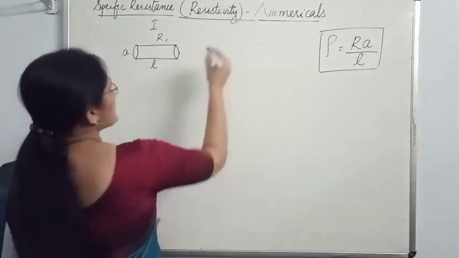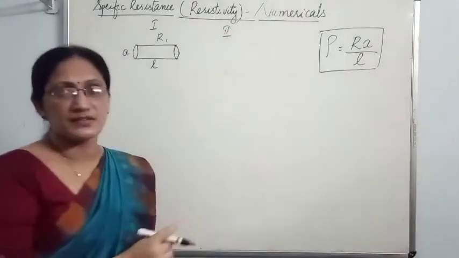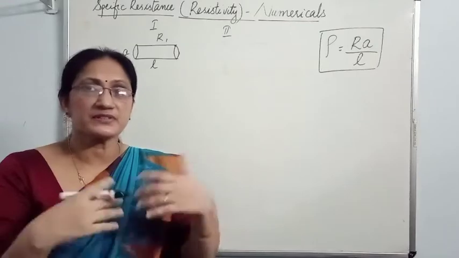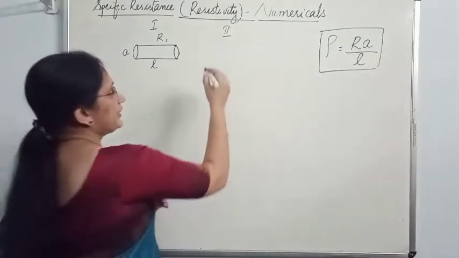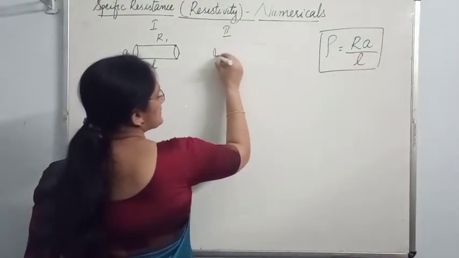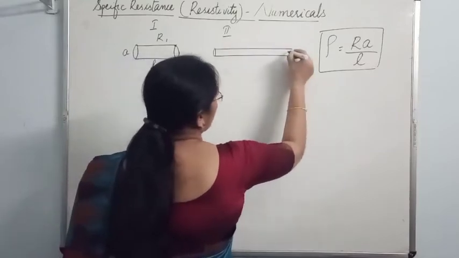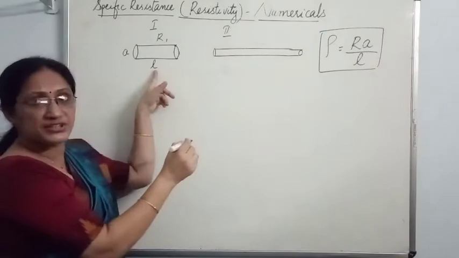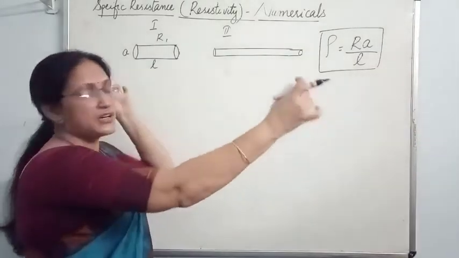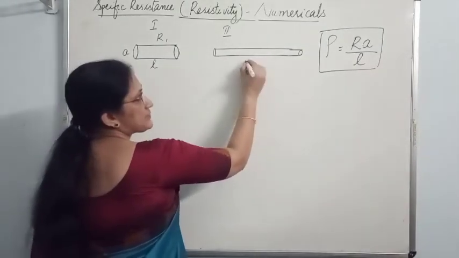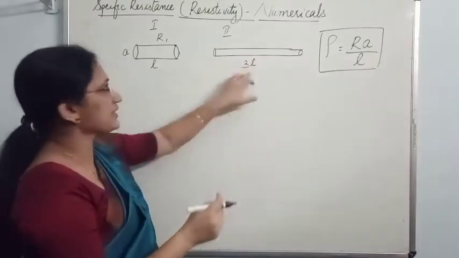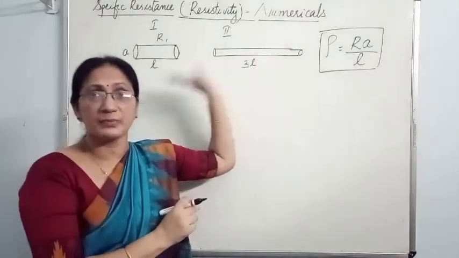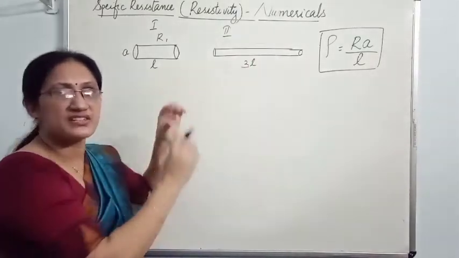Now, after stretching, the second case, length becomes thrice, means the wire, its length becomes 3L. L was the initial length, the wire is stretched so that its length becomes thrice, means length is 3L now. Same wire it is, materially same, just we are stretching it.